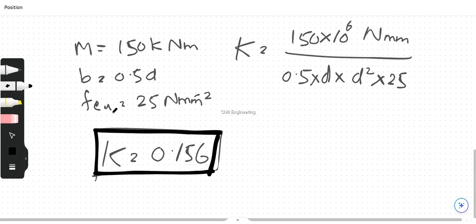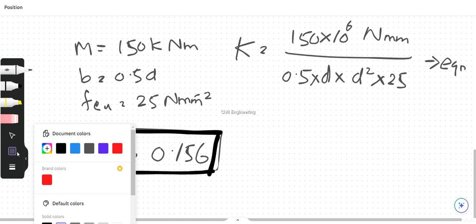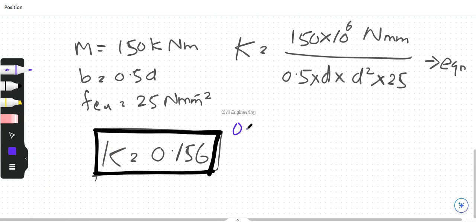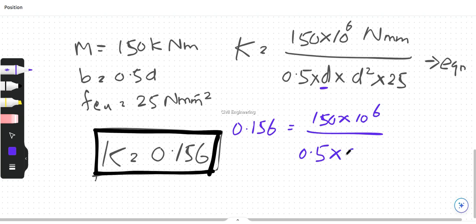By substituting this 0.156 into that equation, we can find the minimum effective depth here. 150 into 10 to the power 6 equals 0.156 times 0.5 d cubed times 25. By solving for d, we can find d as 425 millimeters.